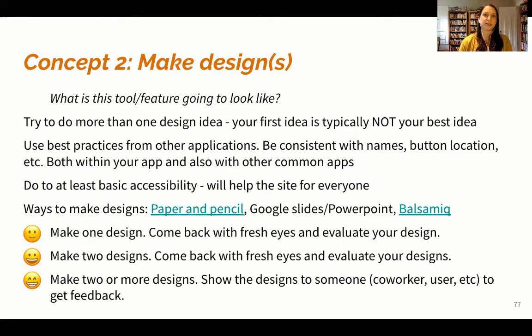And it's important to do this not only within your app, but also with other common apps that they might be using. I strongly encourage you to do at least basic accessibility, similar to other accessibility things such as curb cuts on sidewalks. When you do basic accessibility, it's going to help the site for everybody.